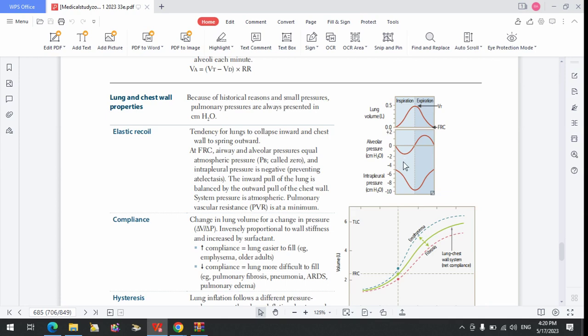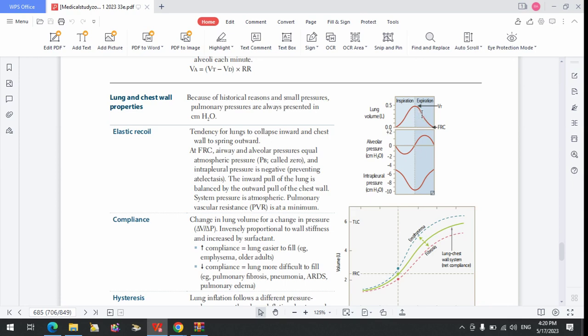The atmospheric pressure is already 0. Now, that will create a gradient for air to move in. As air is now moving in, it will increase that alveolar pressure from -2, close to positive. When it approaches 0, it stops. You can see when it approaches 0, inspiration stops. Can you appreciate that? It stops.